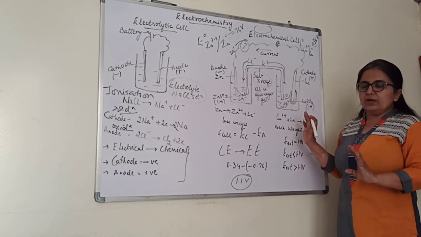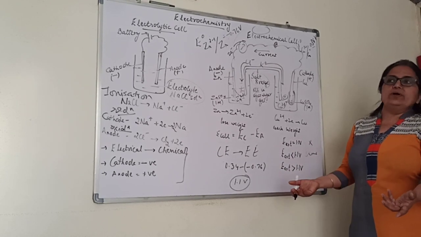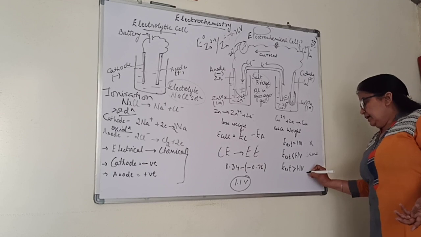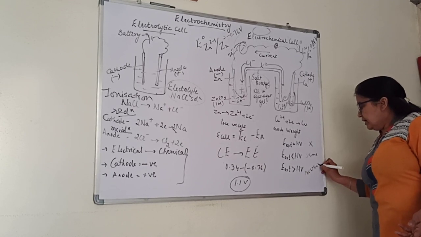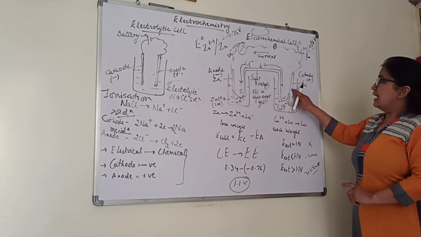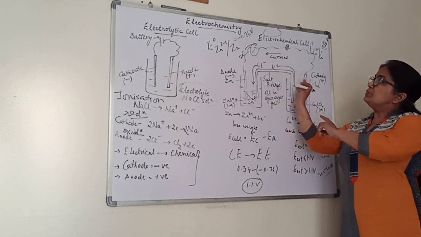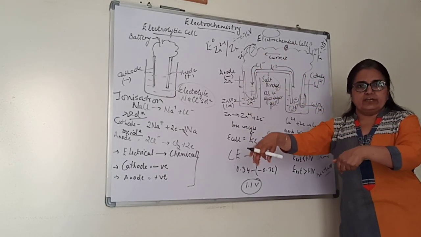The same reactions will occur. If the external cell has greater than 1.1, then it will occur in the reverse manner. Reverse manner means in that case this will act as anode and this will act as cathode. That means electrons will start moving in the opposite direction.